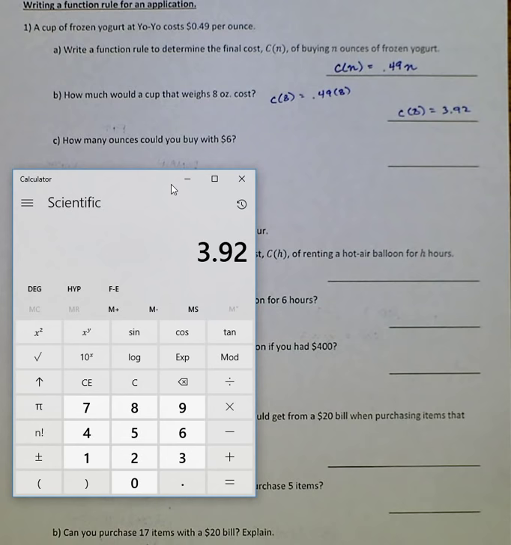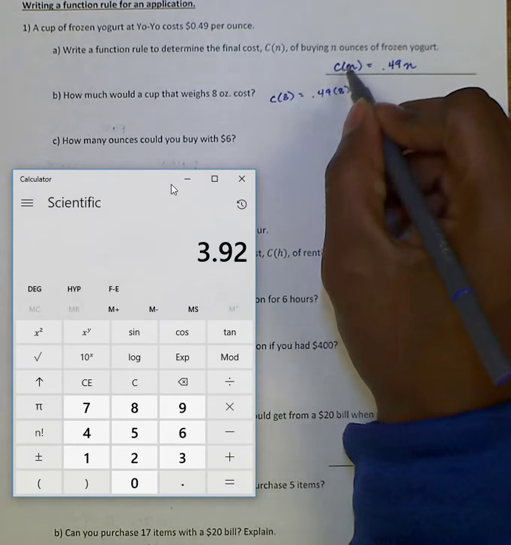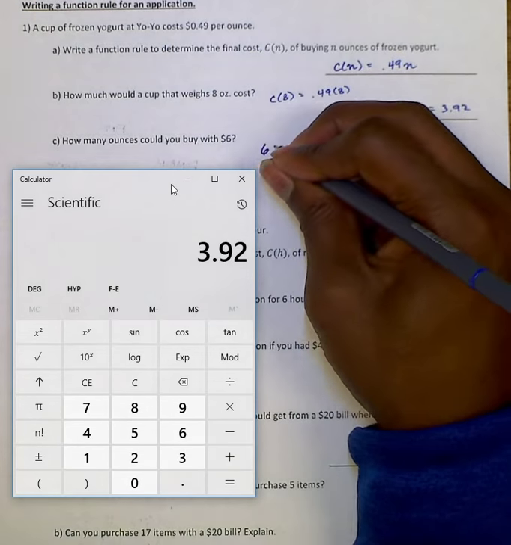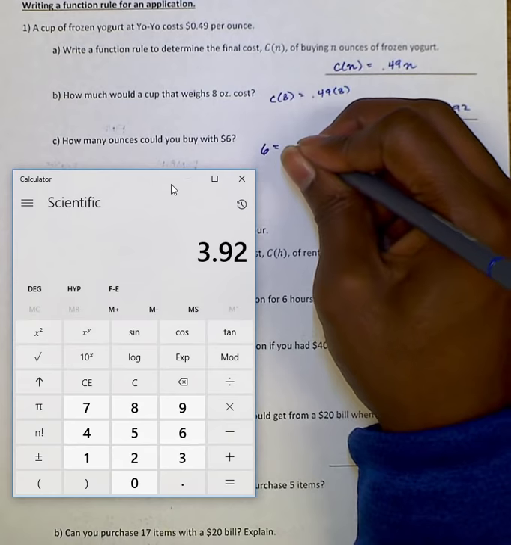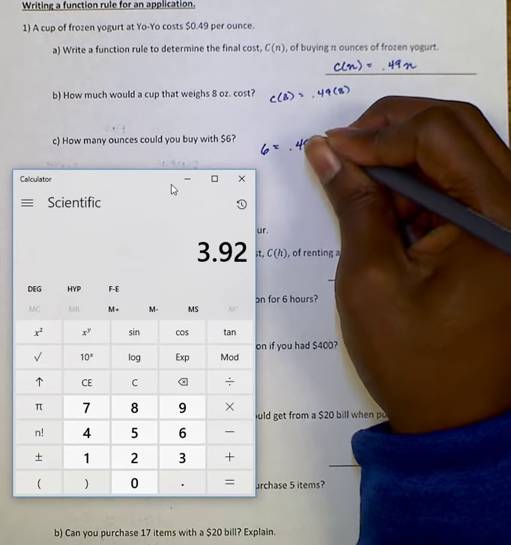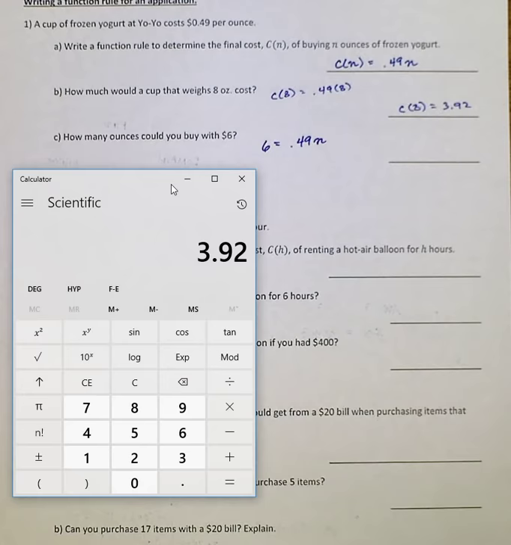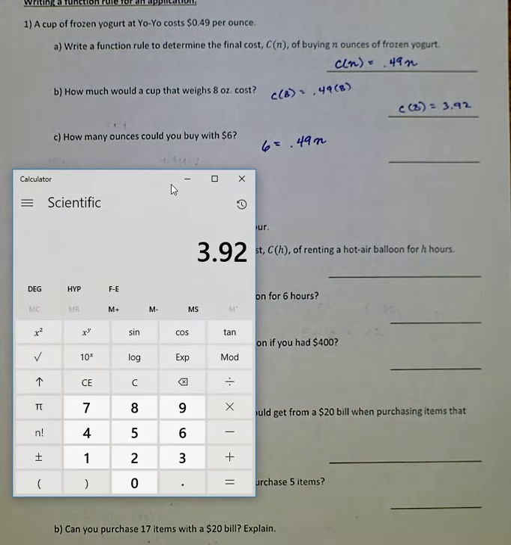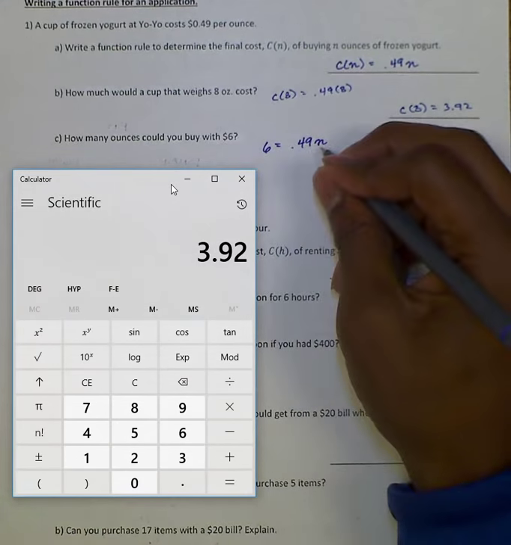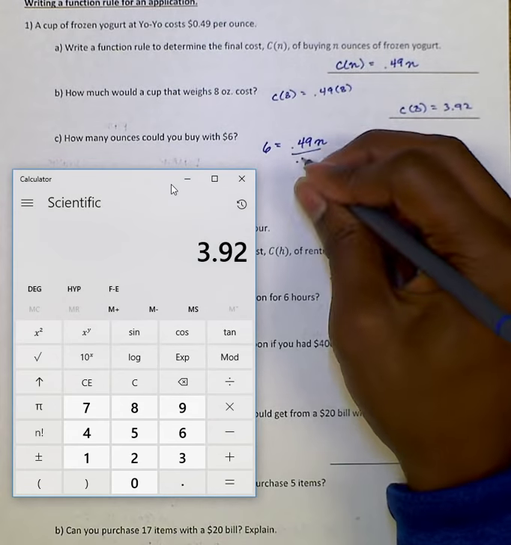It then says, how many ounces could you buy with $6? So again, now we're given the total. And so I'm going to use 6 on this side. The other side of my function I know is 0.49 n. And so now I need to solve for n. In order to get n by itself, I need to divide both sides by 0.49.